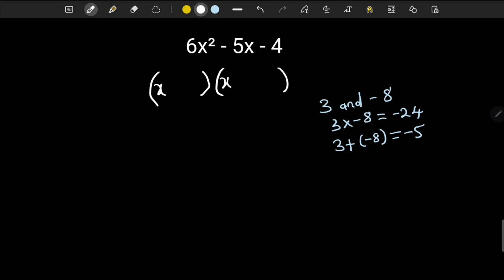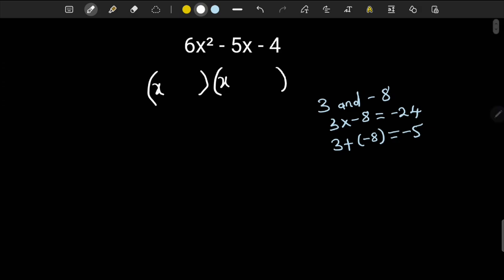Now, what you have to do next is to write the two values that we got. So for the first bracket, you write plus 3. Then for the second bracket, you write minus 8, right?